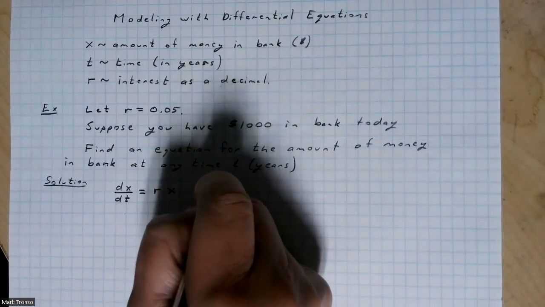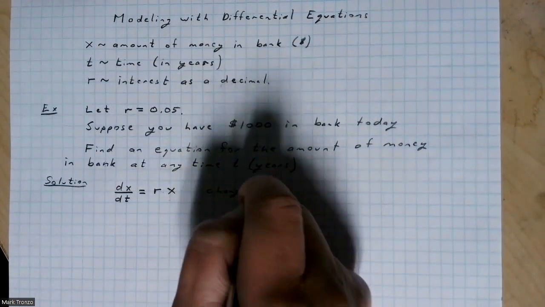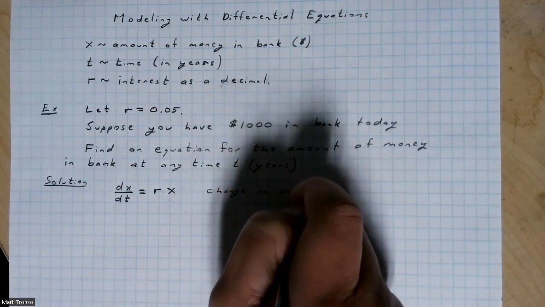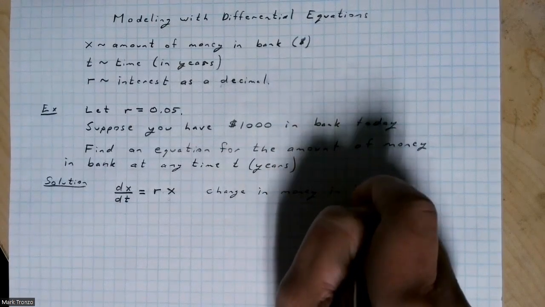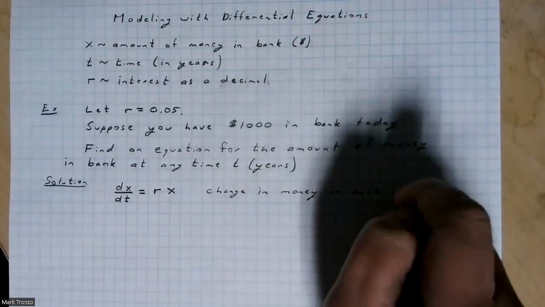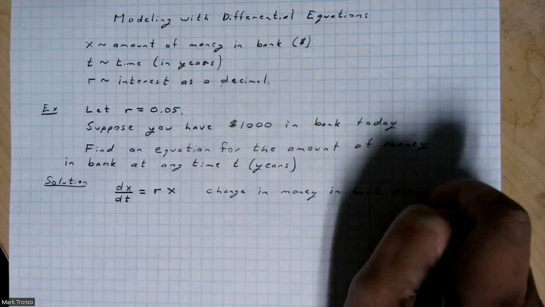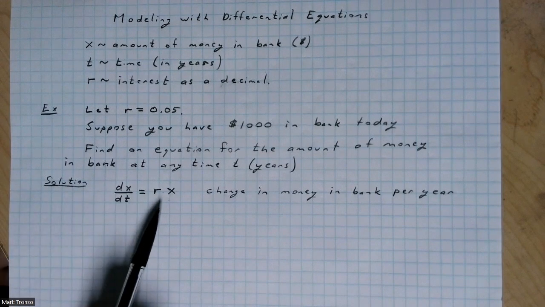Once again, this is going to be the change. Let me put this down to emphasize this. This represents a change in the amount of money per year.